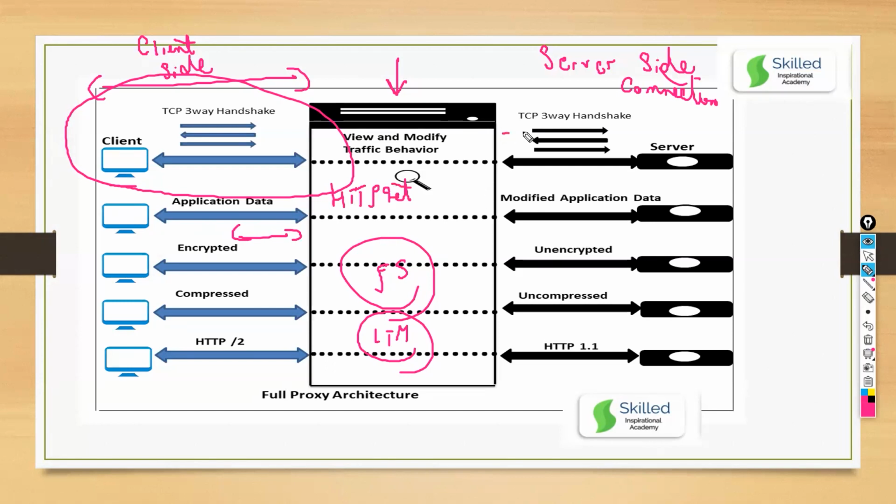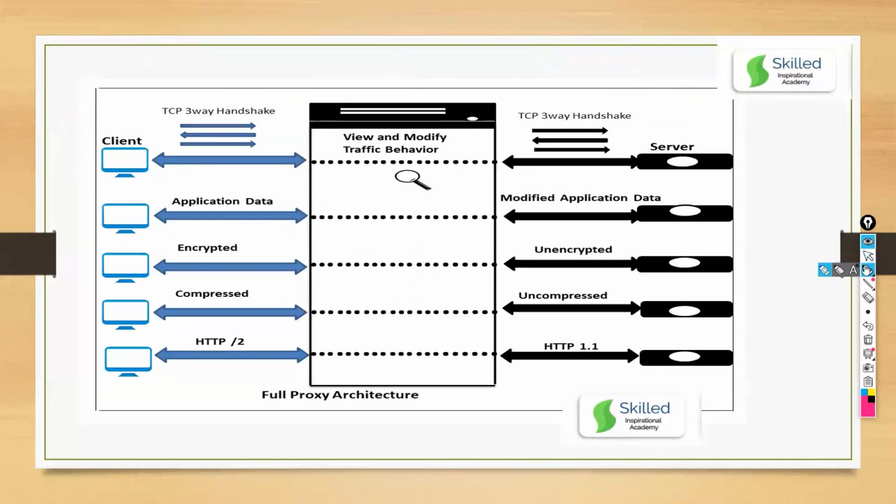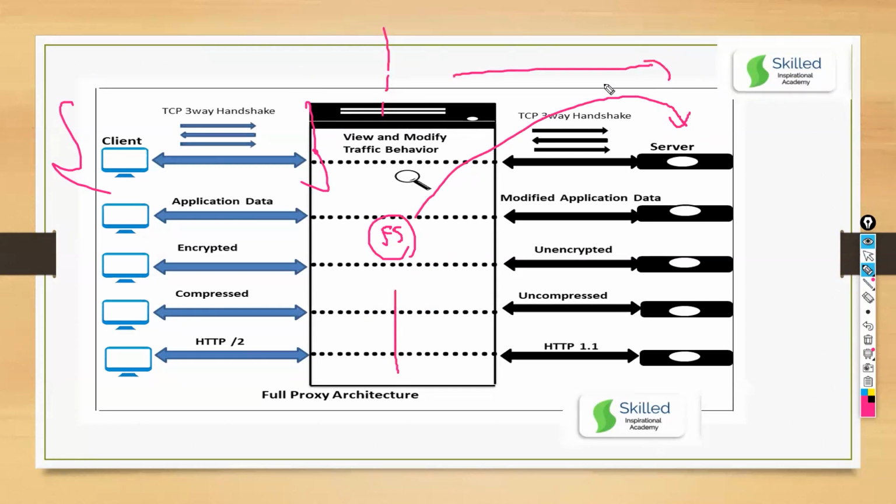Then F5 will make one TCP handshake with the server. If this handshake is failing, guys, F5 will never forward your traffic to the server. This connection is separate. It does not have any dependency on the other. This is called the F5 to server connection.